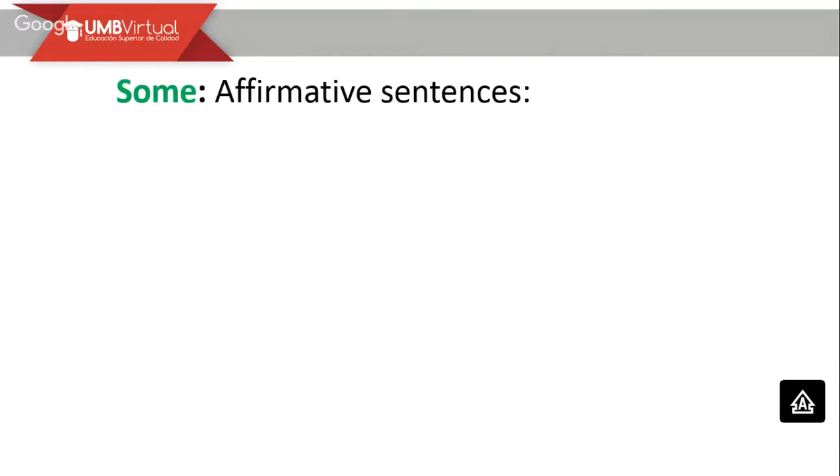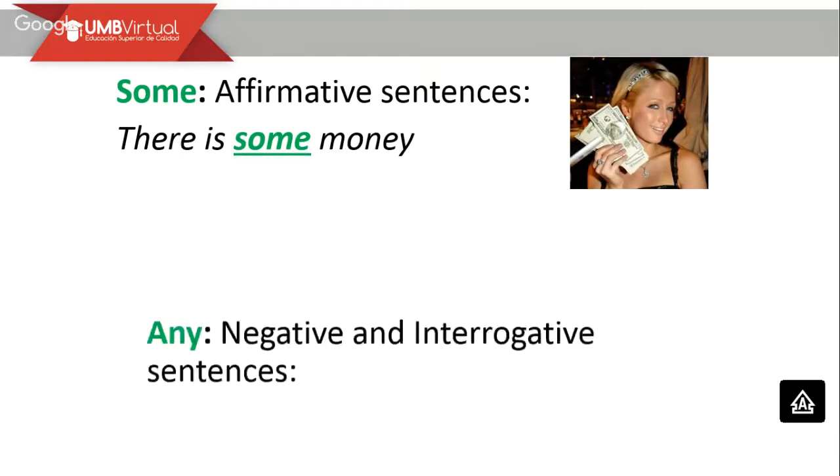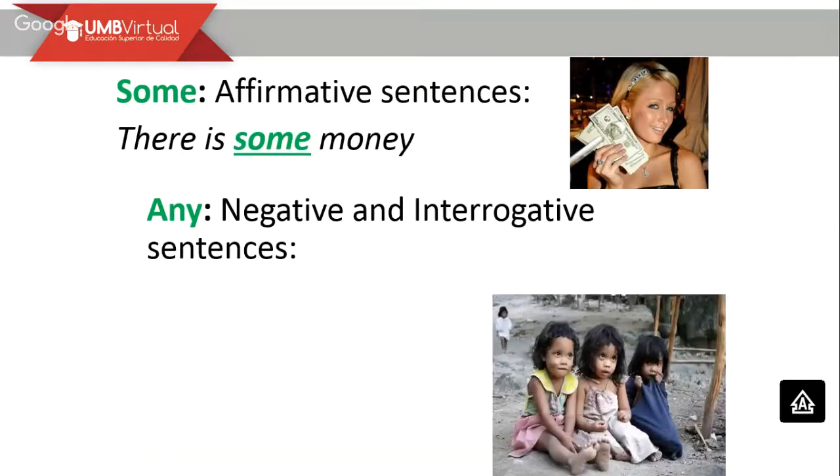All right, let's continue. So right here, as you can see, there are two pictures. In the first picture, this woman has some money, right? And in the second picture, there are some kids, some girls right there. They are looking at maybe a person or maybe just nature.